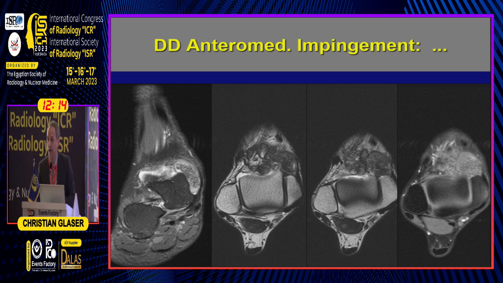This is a differential because anteromedially you don't have so many mechanical structures that can interfere, but in this case, accidentally you may run into a PVNS, and this patient also had presented with impingement syndromes. And of course, in a sports orthopedic setting, you don't think of these entities first.